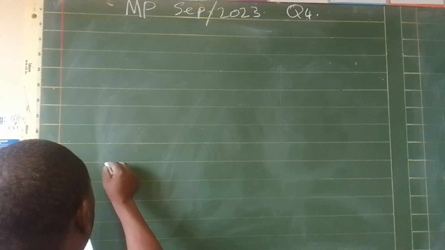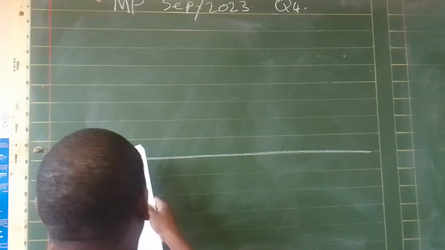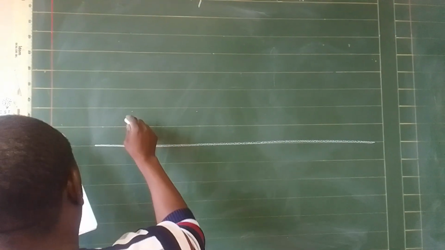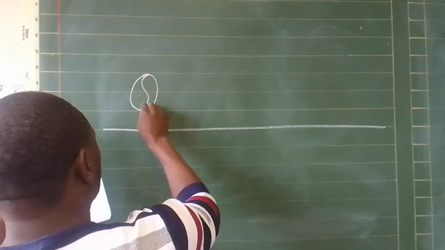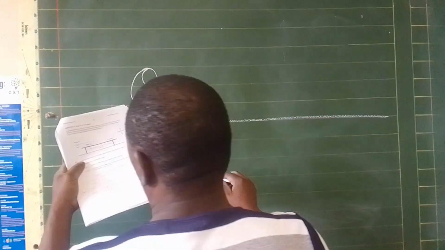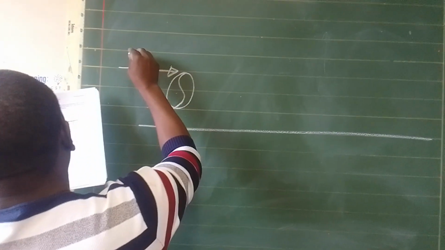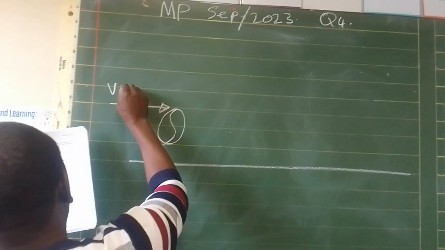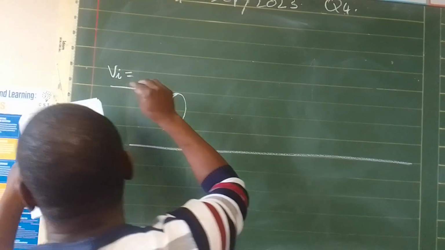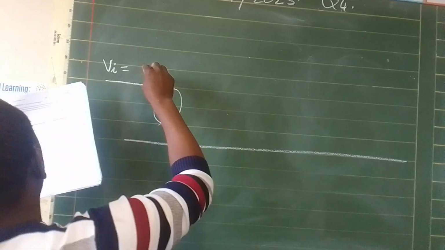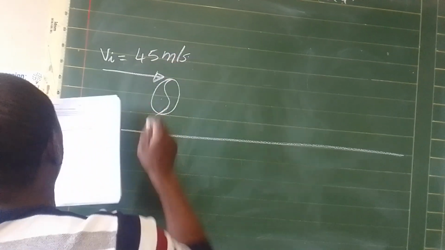Now we are going to draw this here. This is our surface. This is our tennis ball, which has been struck at a velocity of, we will say this is the initial velocity of the ball, 45 meters per second.